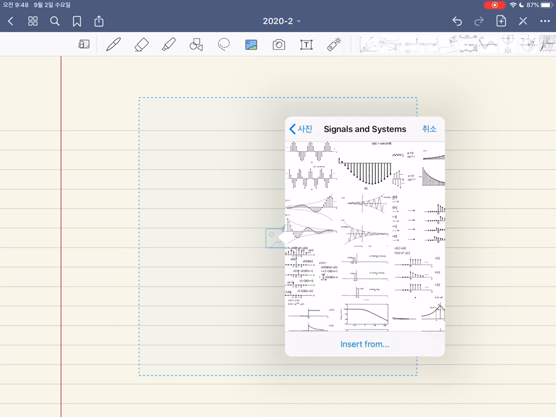I'm going to import some figures during the lecture, as I already mentioned, which I don't want to draw, and also I don't want to draw some complex figures because I have terrible drawing skill.